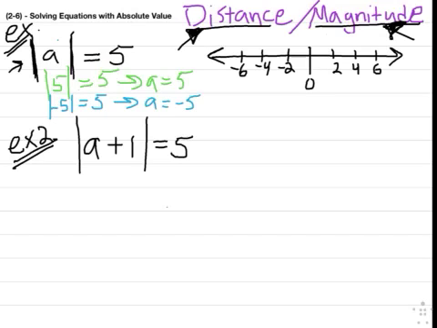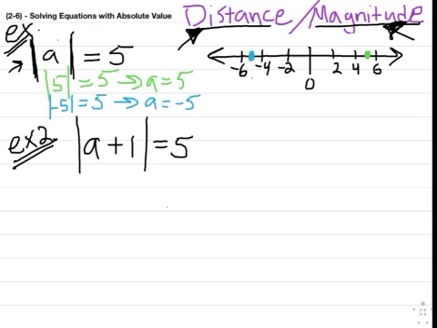It's kind of interesting to map this out and take a look at it on the number line. So let's do that really quick. We have 5 here, and then negative 5 right here. What's interesting, and we'll do this a lot more later in the class, is to look at the distance and the center point, because it's equidistant.